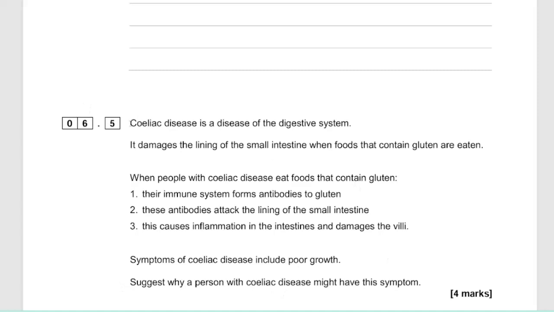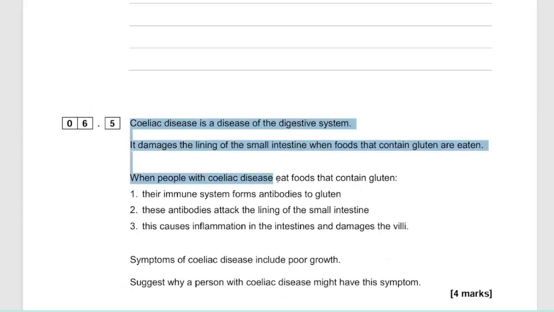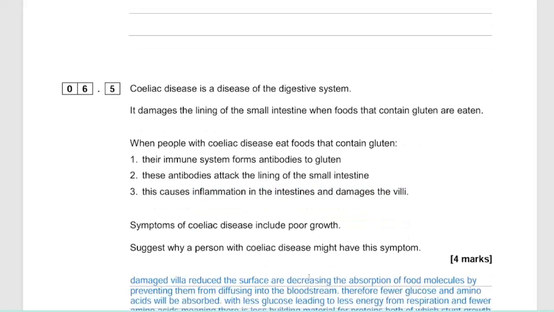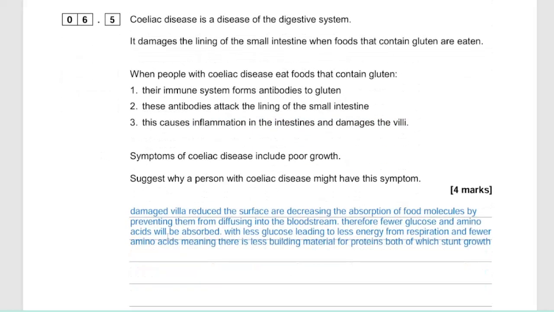So basically, this part is useless, and you need to think about how the actual symptoms, which are inflammation in the intestines and damage to the villi, would cause poor growth. Now what the mark scheme goes off is that damaged villi reduces the surface area of the villi, which decreases the absorption of food molecules by preventing them from diffusing into the bloodstream.